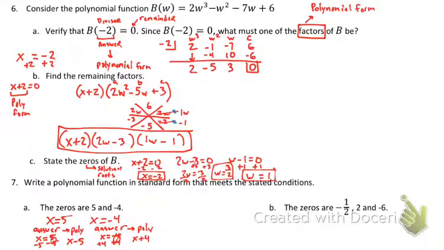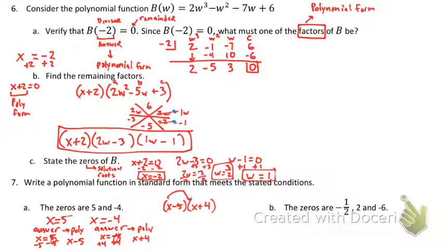Okay, so that's poly form, but we're not done. So our factors we now have are x minus 5 and x plus 4. To get it to look like our original function up at the top, we are going to multiply something you're comfortable with.